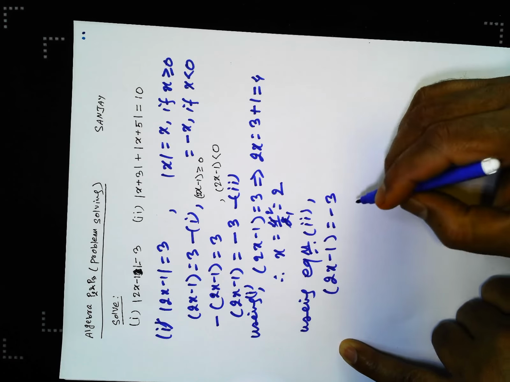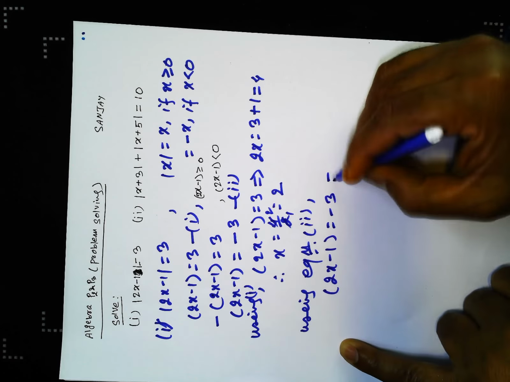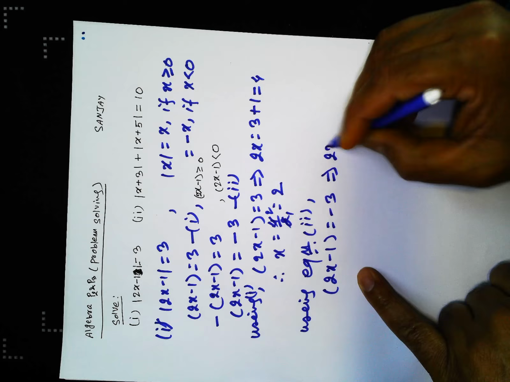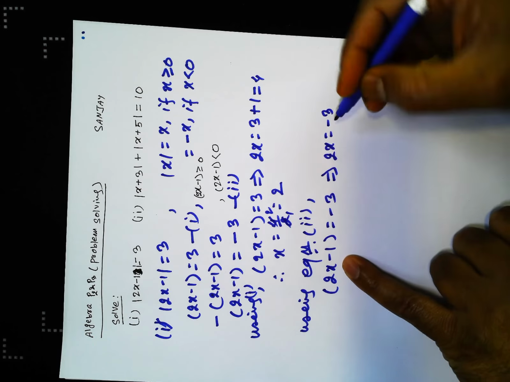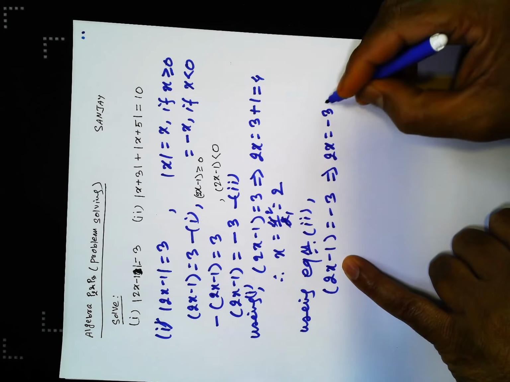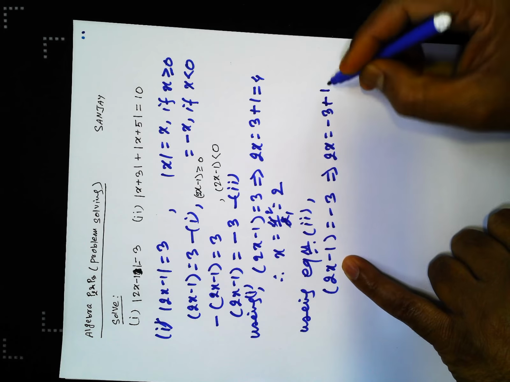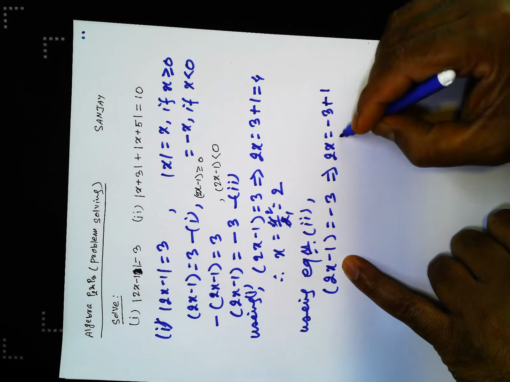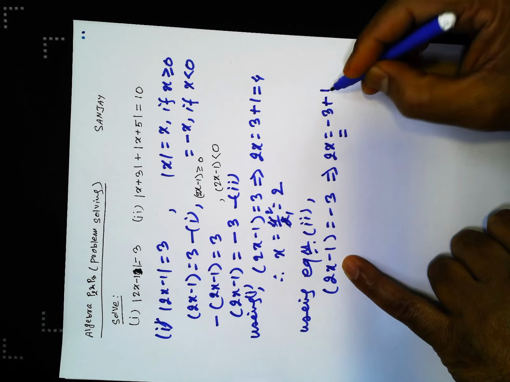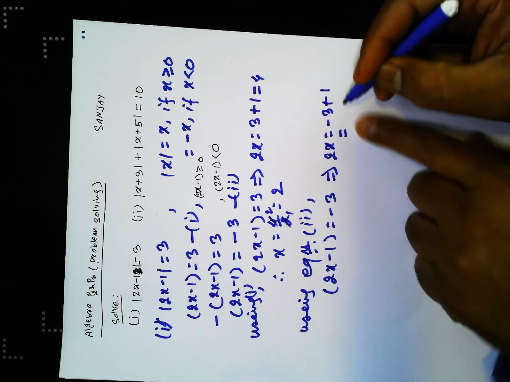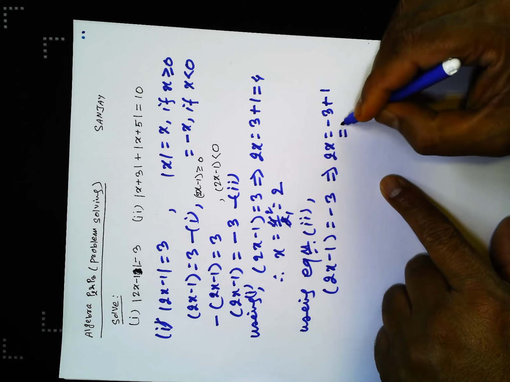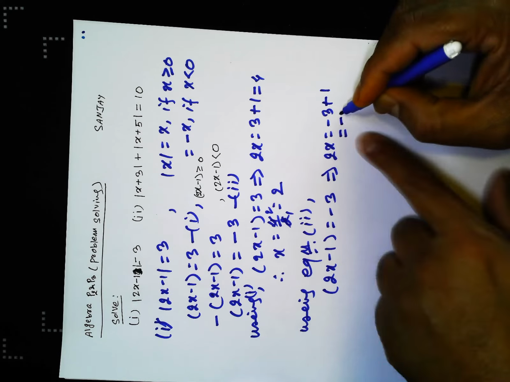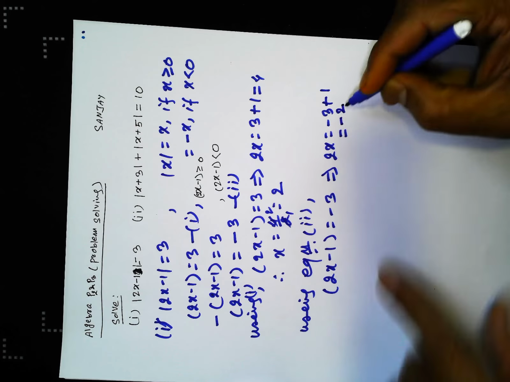We solve this again in the usual way, so 2x equals minus 3, and if you transpose the minus 1 to the other side, it will be plus 1. So minus 3 plus 1, as the negative sign is bigger, the numbers will be subtracted, and therefore the answer will be minus 2.